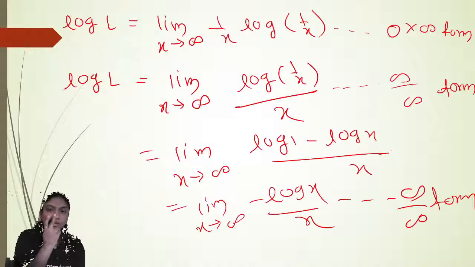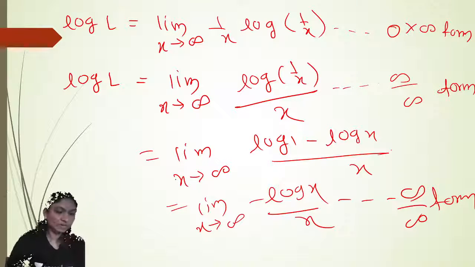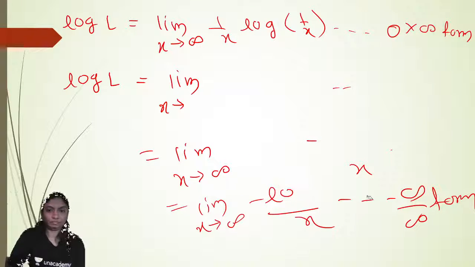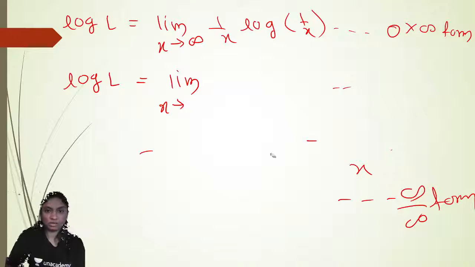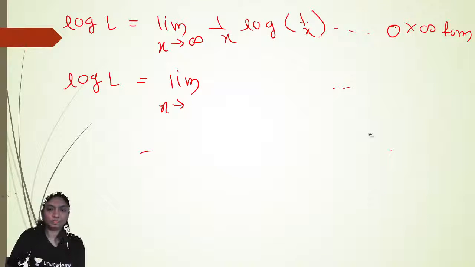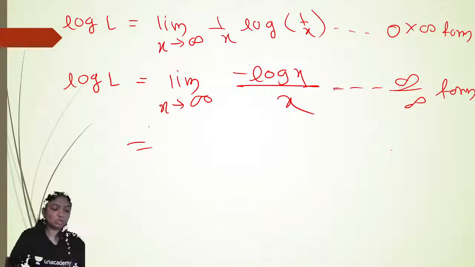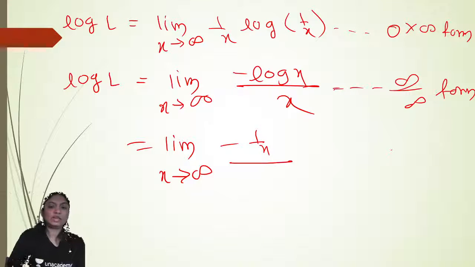Now take the derivatives. Using L'Hospital rule on minus log x upon x, infinity upon infinity form, you will get limit as x tends to infinity, minus 1 upon x upon the derivative of x, which is 1.